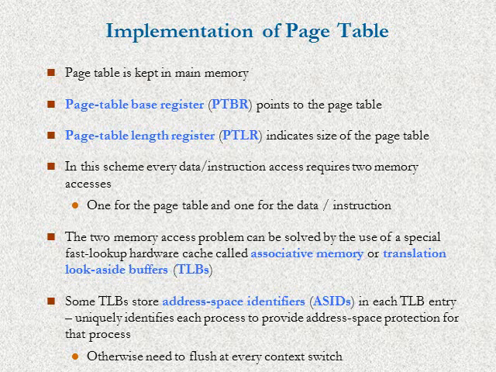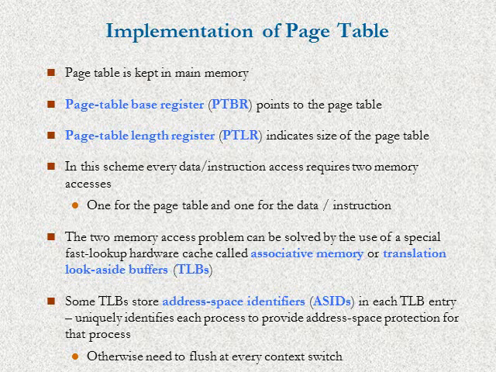Usually we have a page table base register associated with a process that points to the page table, and then we have a page table length register, as we discussed in the previous class, that indicates the size of the page table. The very same thing can be achieved through the valid-invalid bit as well.